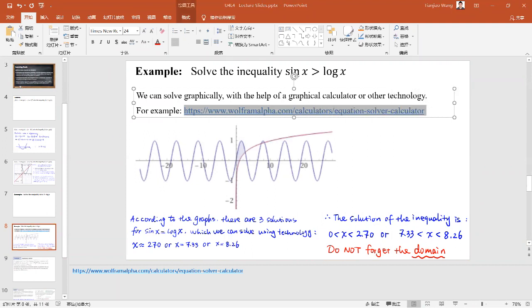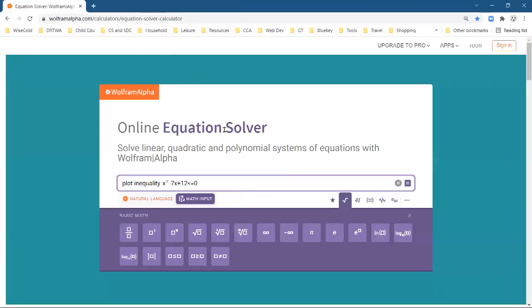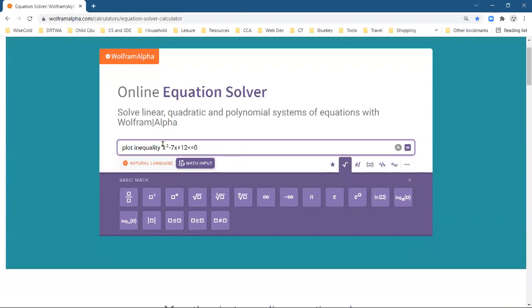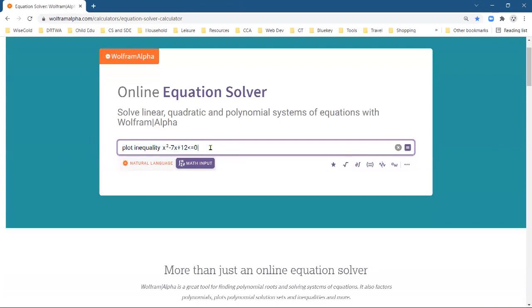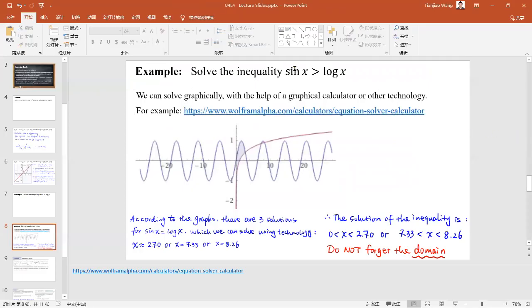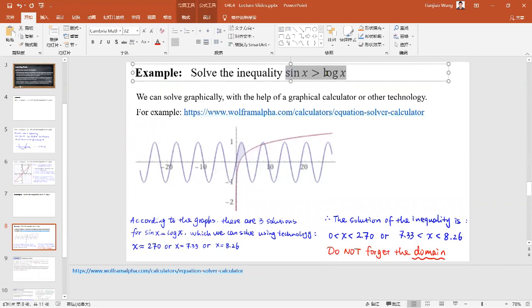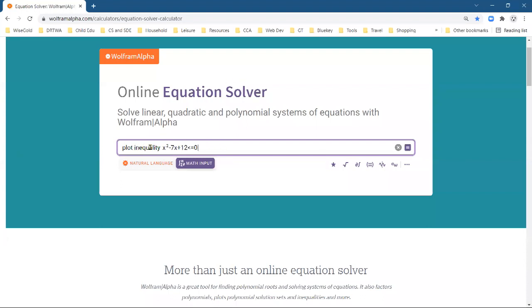So let's go to this website and we can just use a plot command, and let's say this is sin x greater than log base 10 of x.